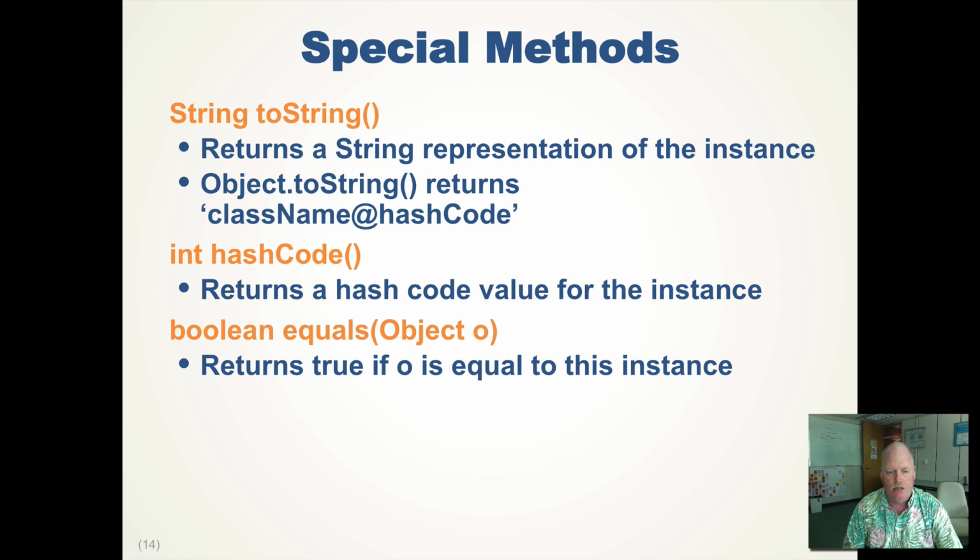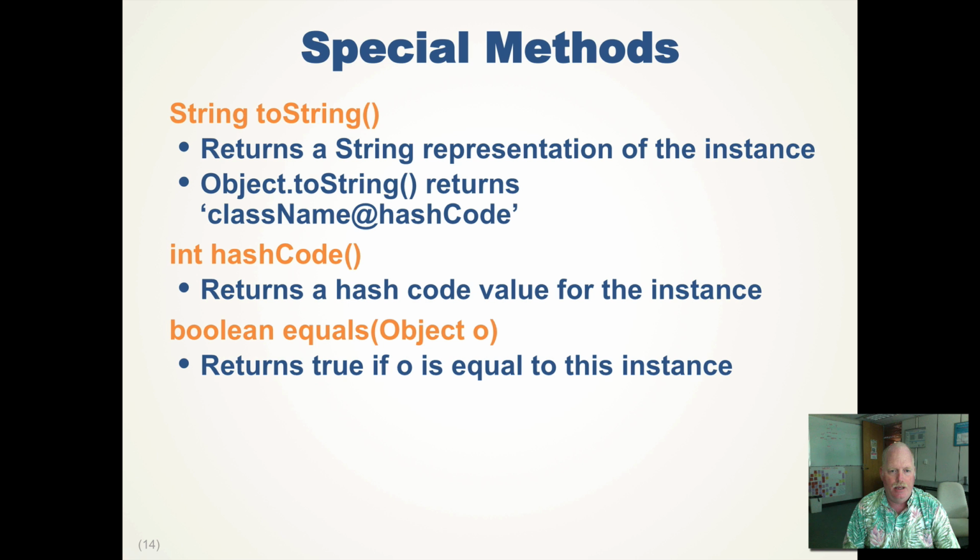There are some rules about hashCode. The Object one, I believe, just returns you the reference as an int. It doesn't really consider the contents of the object. Same thing with equals. The Object equals method returns true if it's the same instance and returns false if they're separate instances.